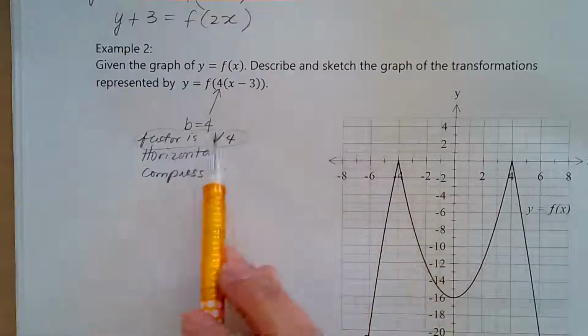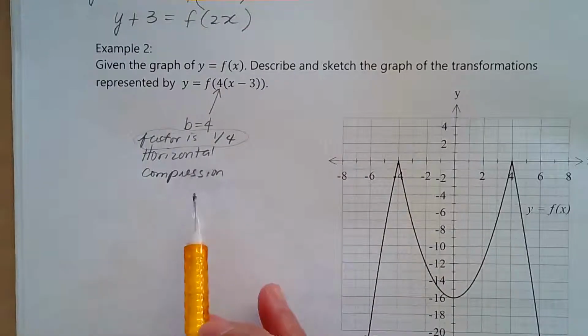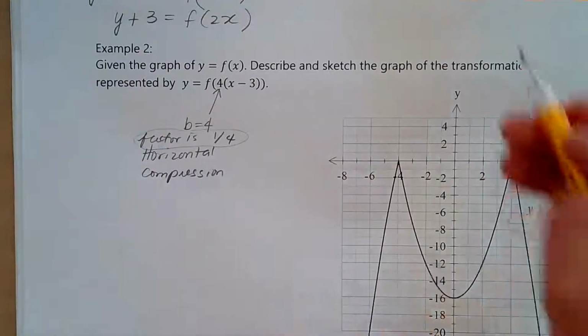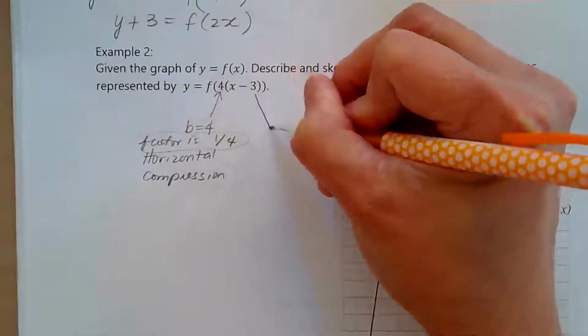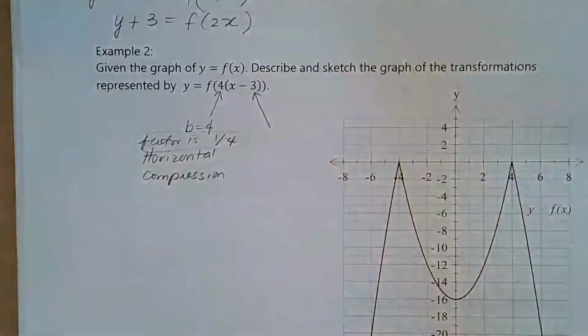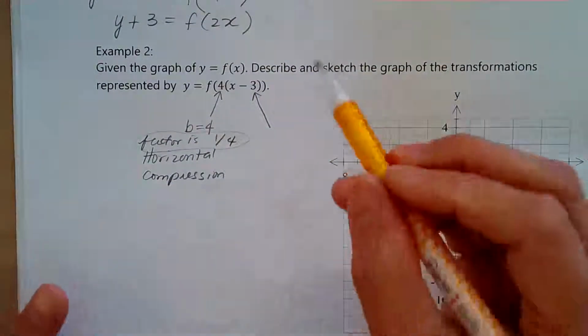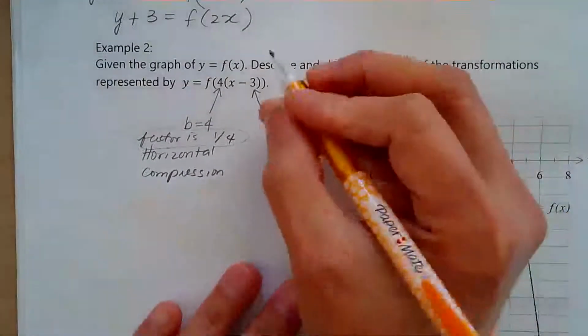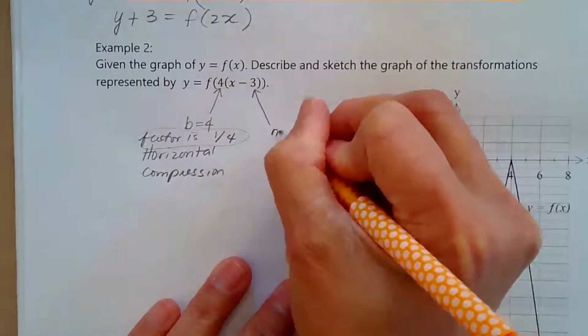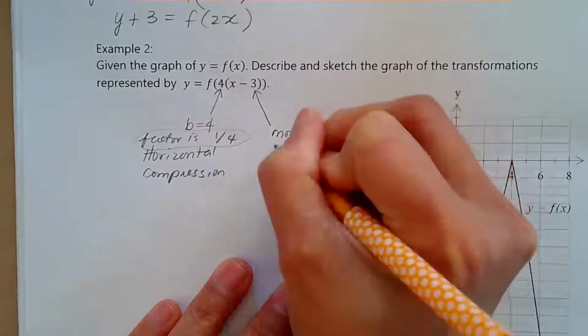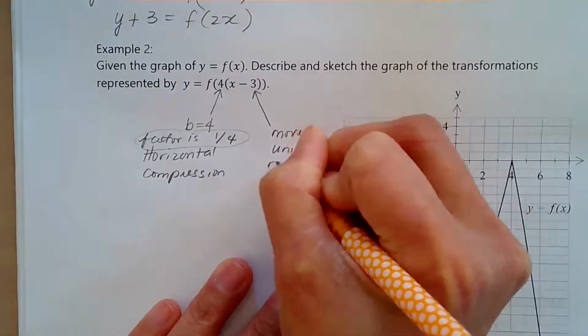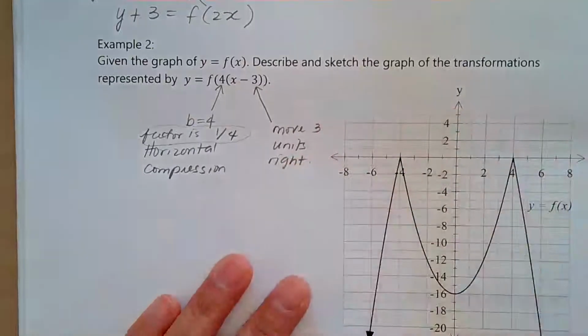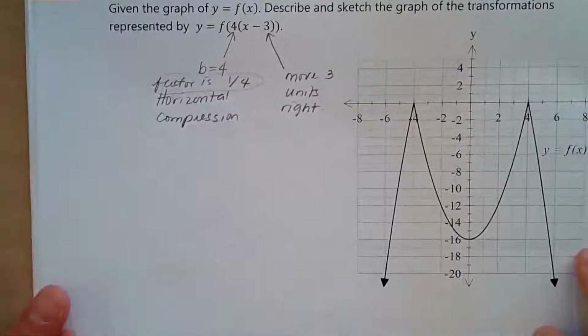So factor is 1/4. That's a horizontal compression by a factor of 1/4. Now what's happened here? Moving 3 to the right. Okay, so that's a move 3 units right. Okay, good.